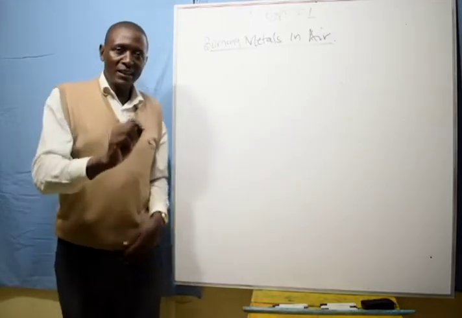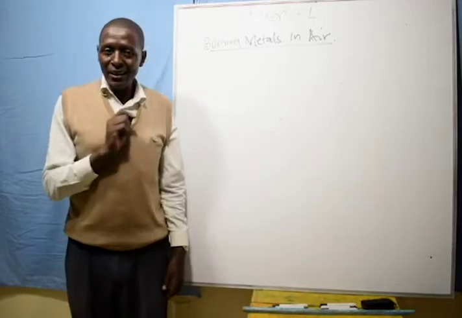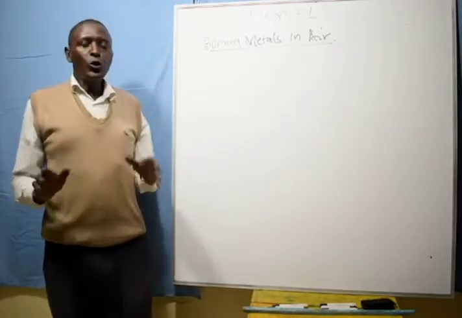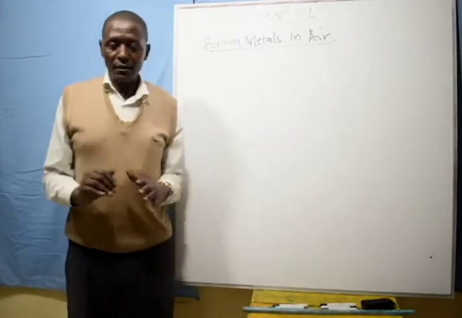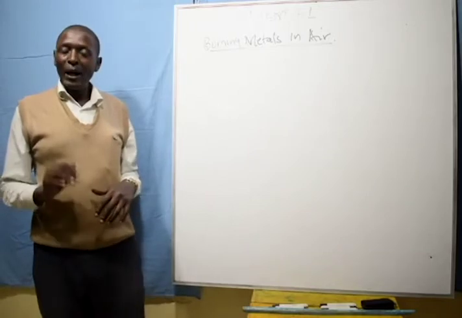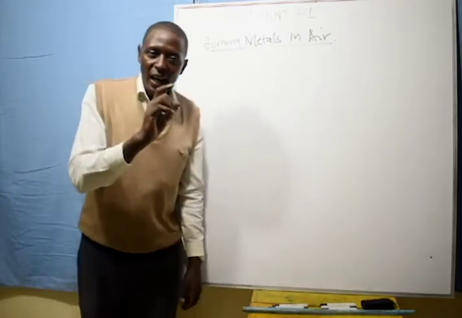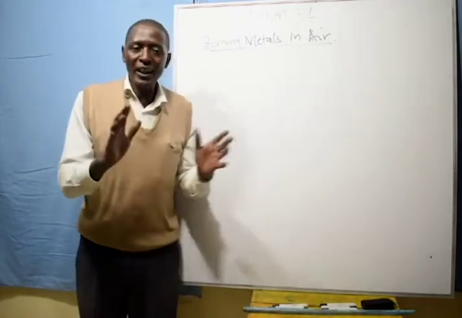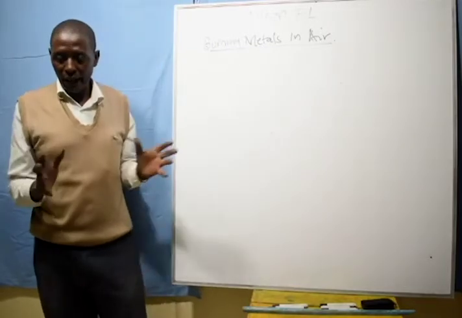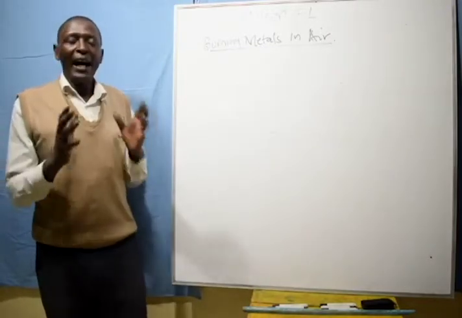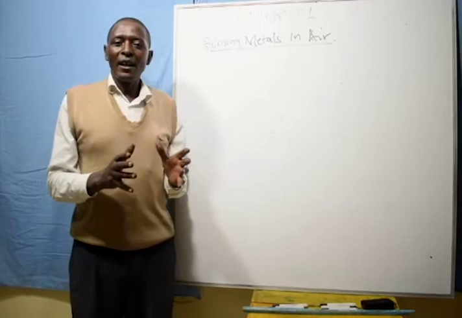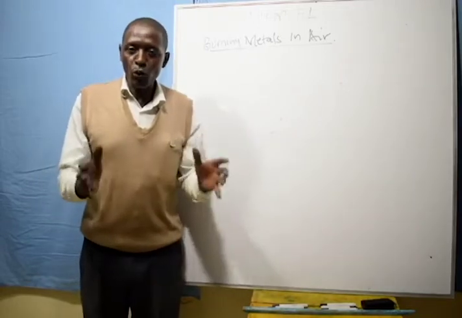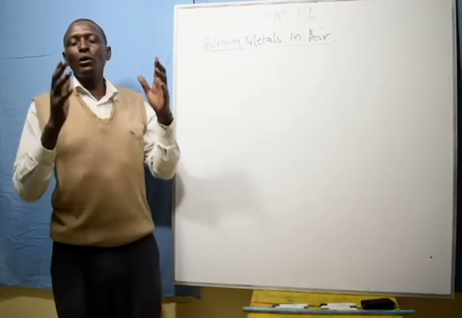When the experiment is repeated using a piece of iron, no apparent burning is seen, but the iron glows red, and finally when it cools, it will turn brown.